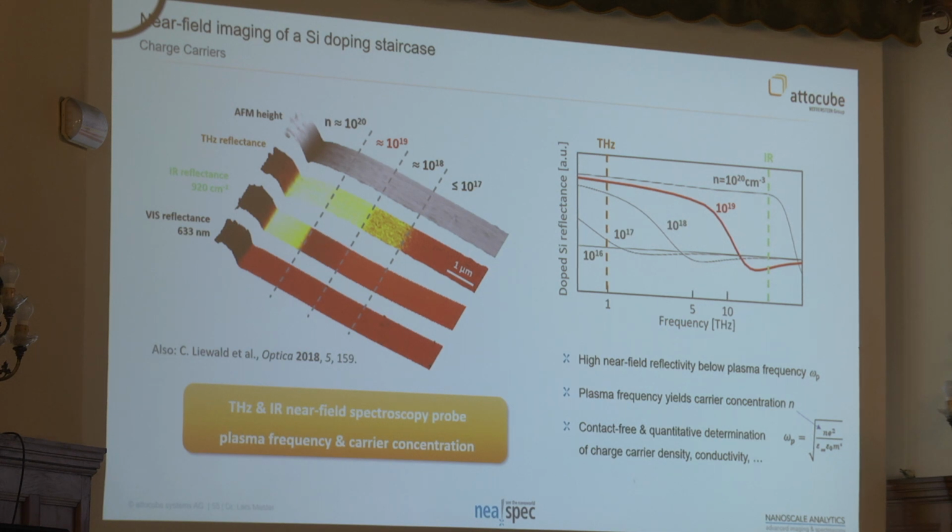And like this, we know very roughly we have 10 to the power of 19 per cubic centimeter of charge carriers. Here only the amplitude is plotted. We also have the phase. This would then relate to the damping of the charge carriers. Still, you have to use the finite dipole model to properly fit this and extract a real number.